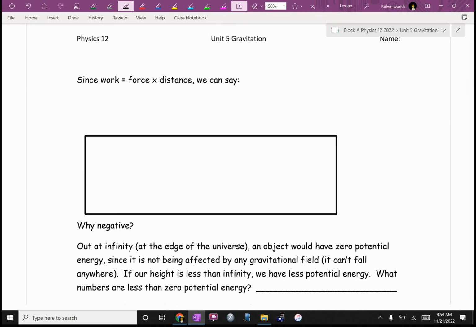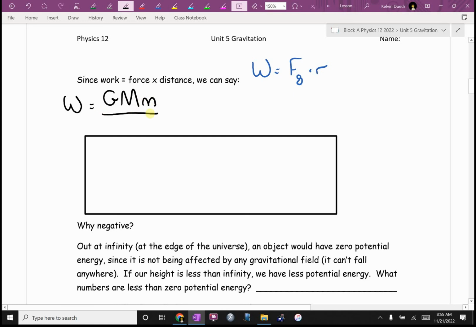So I'm going to say, since work equals force times distance, we can say work equals gravitational force times R. That's force times distance. We can say work equals big G, big M, little m over R squared, there's gravitational force, times R. Is there an R on the top?